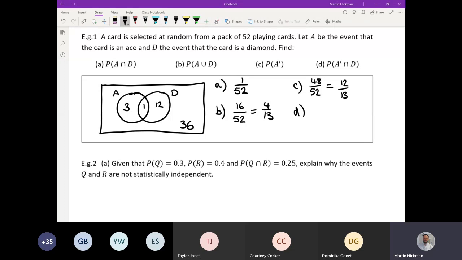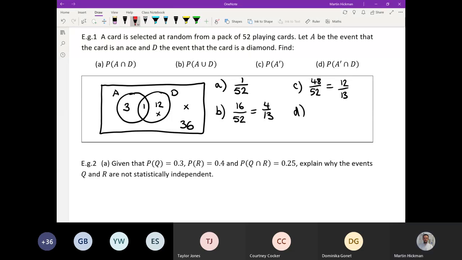And then finally, we have the probability of not A and D. For this one, I'll put the crosses in just to show you how this is working. Probability of not A and D means both of these events need to be happening for this condition to be met. So if I look at where A isn't happening, that's where I'm putting these black crosses.